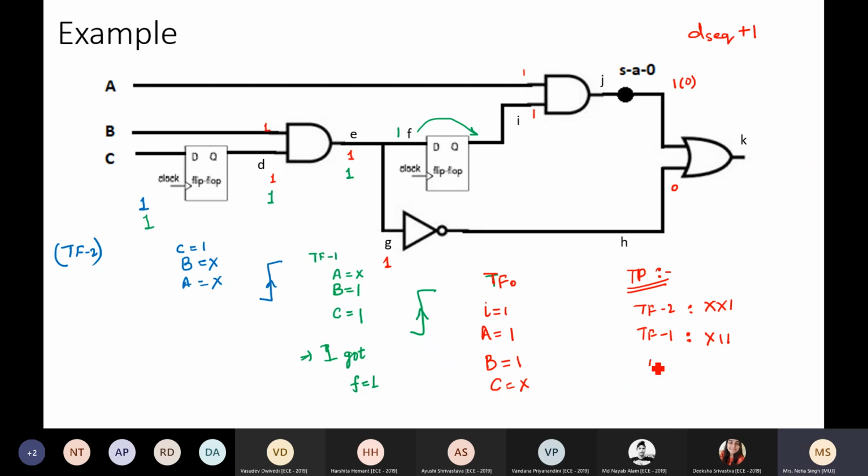And what about the third time frame? 1, 1, X. So now I have to apply these 3 test patterns so as to detect the fault at output. I have 2 D flip-flops, so I need at least 3 test patterns to detect my fault because the sequence depth is 2. It requires at least 2 clock cycles for the primary input to be propagated maximally towards primary output. Is it okay?